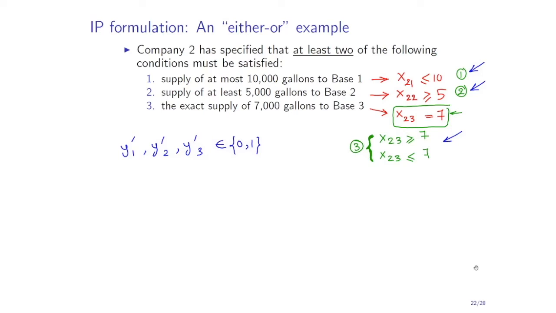So what I want is if y prime 1 is 1, then condition 1 is not satisfied. Not satisfied means from the viewpoint of company 2 it is not satisfied. It means that I'm just ignoring that condition, or I'm making the corresponding constraint redundant.